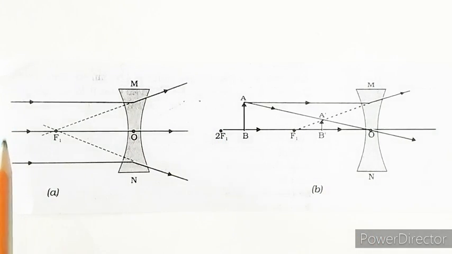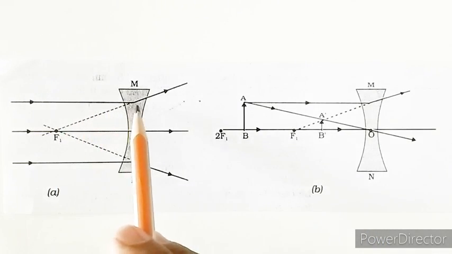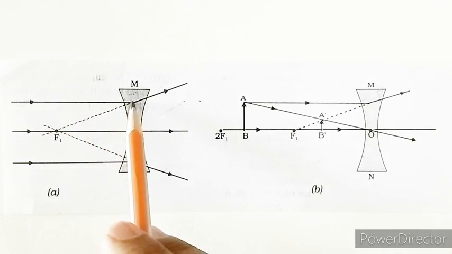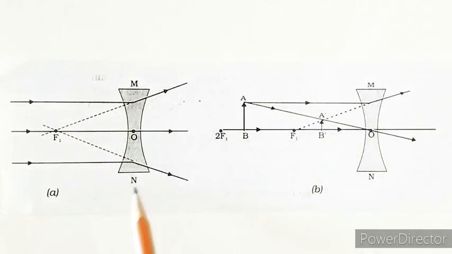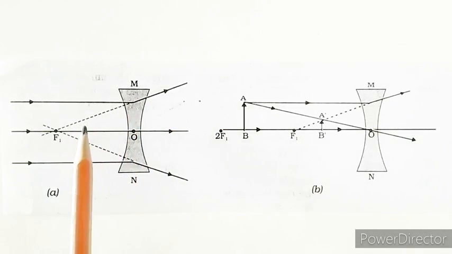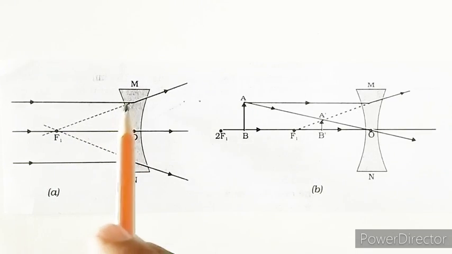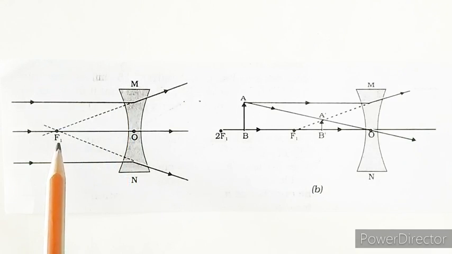One, when the object is kept at infinity, the ray of light parallel to principal axis, after refraction will diverge, so they will never meet. So you have to draw backward, and whenever you draw backward on the same side, it should be with dotted lines because they are not real, they are virtual, so they meet at F1.